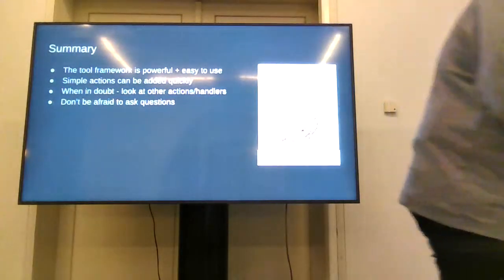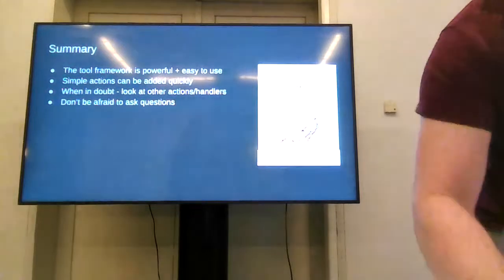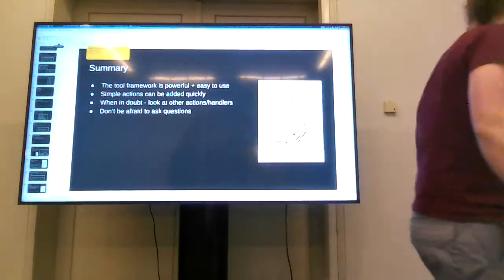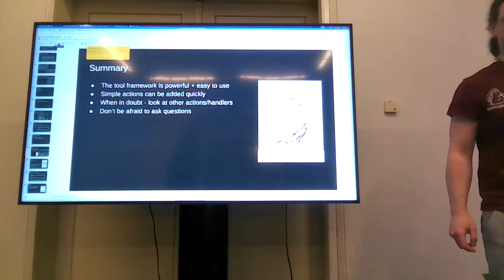We just make it one button. One button. Yeah. We just make it all one button, get rid of the tool framework. I think that would be much better. You can put one button in ChatGPT.